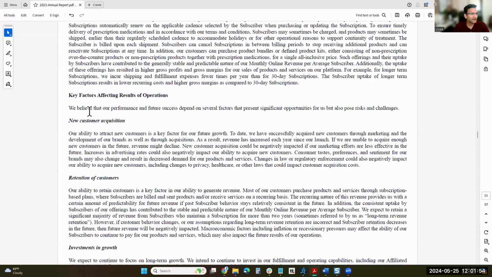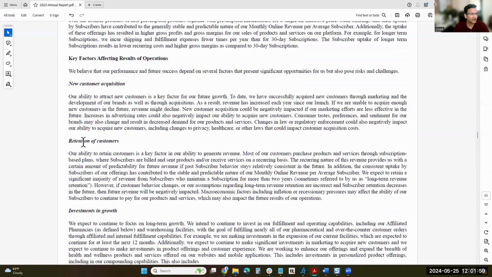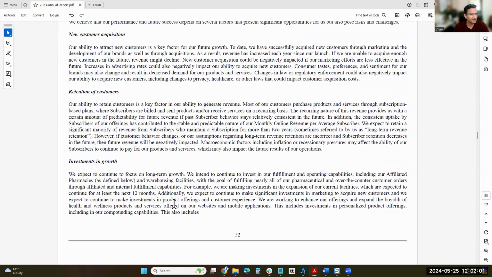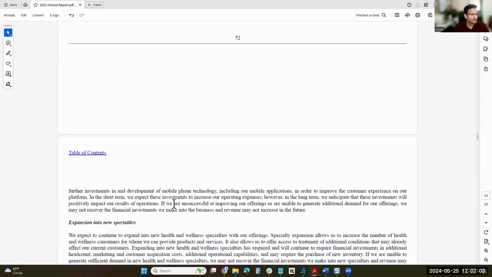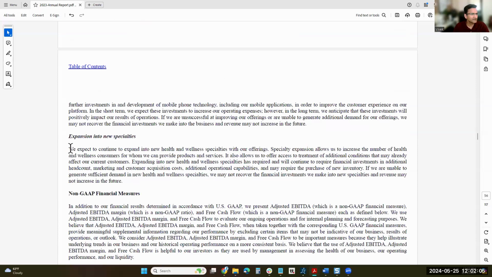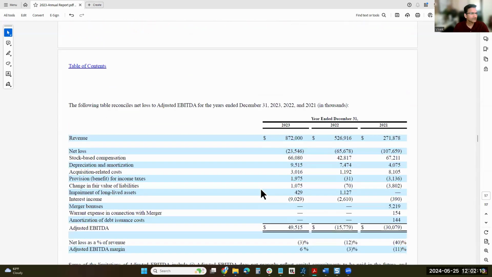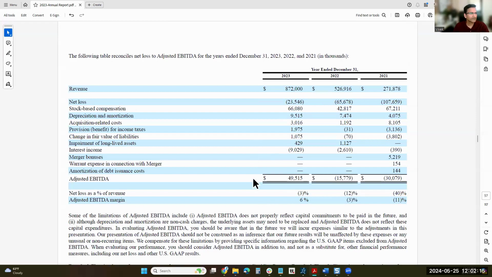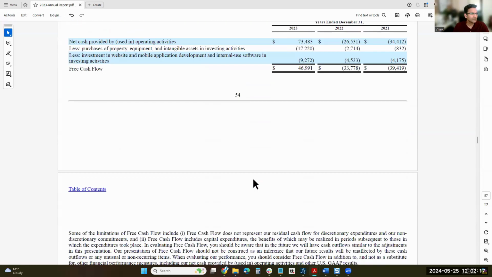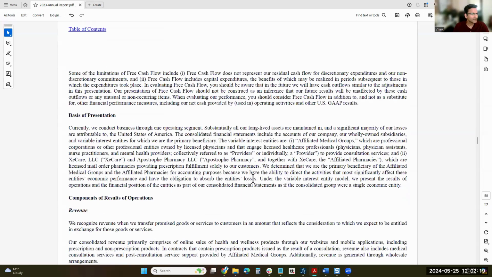Okay, key factors affecting results of operations: net customer acquisitions. Yes, you need to acquire the customer and then retain them. Investment in growth, expansion into new specialties. We continue to expand into new health and wellness specialties with our offering. Okay. Financials, we'll look at it later. What else do they have?